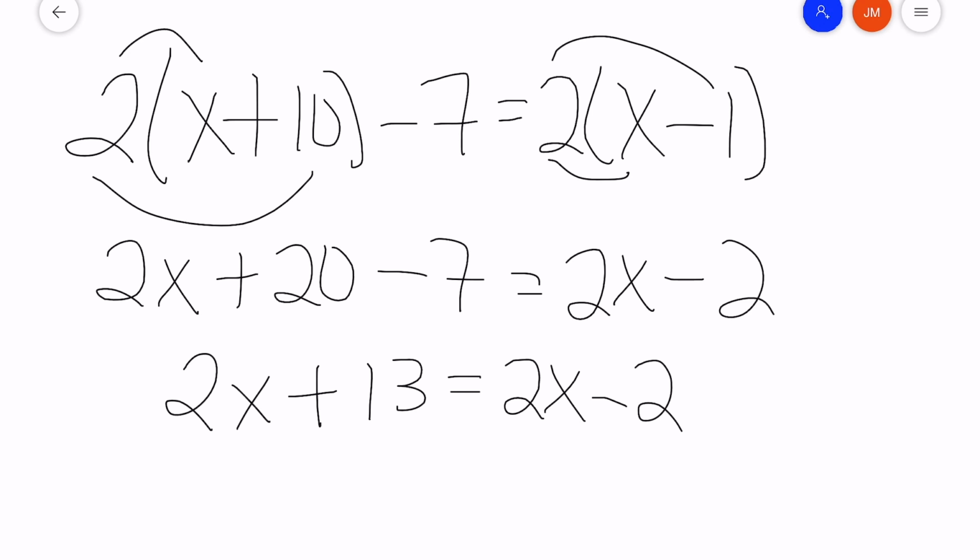Then we'll use the addition and subtraction properties to move the variable term to one side and all the other terms to the other side. So here we'll subtract 2x from both sides and add 2 to both sides.